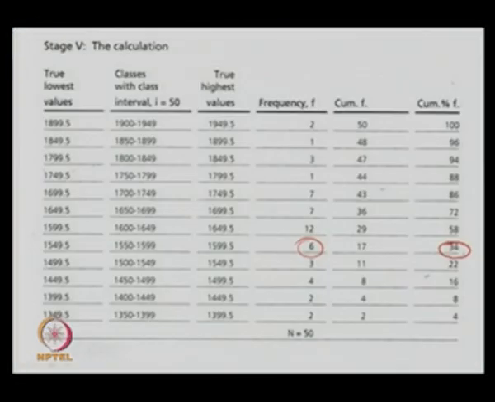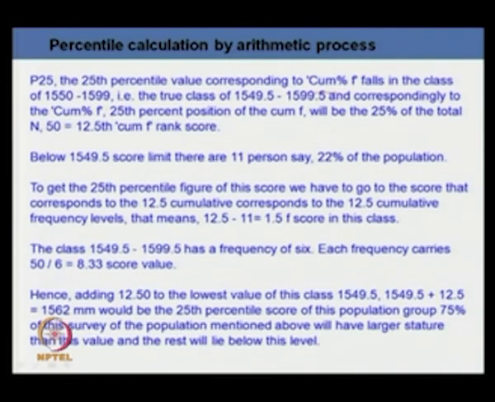In this case, the true class is 1549.5 to 1599.5, and corresponding to the cumulative percentage frequency, the 25% position of the cumulative frequency will be 25% of the total number n, that is the 12.5th cumulative frequency rank.